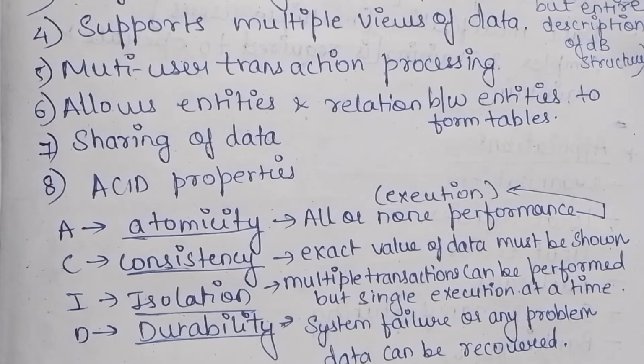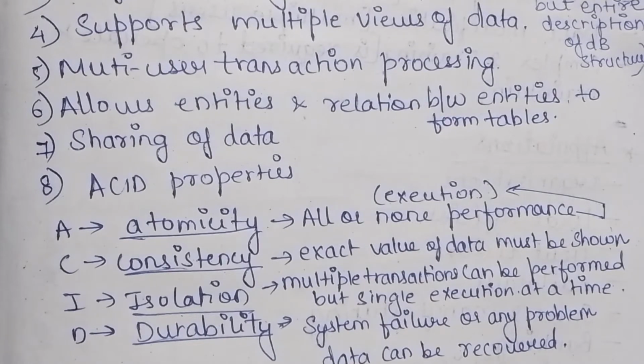It means that the users might have different requirements of the data. Like if suppose a person is working in the production department, he wants to access the data related to that department, and if another user is working in another department, he might access the data related to that department. So the DBMS supports this multiple views of the data.